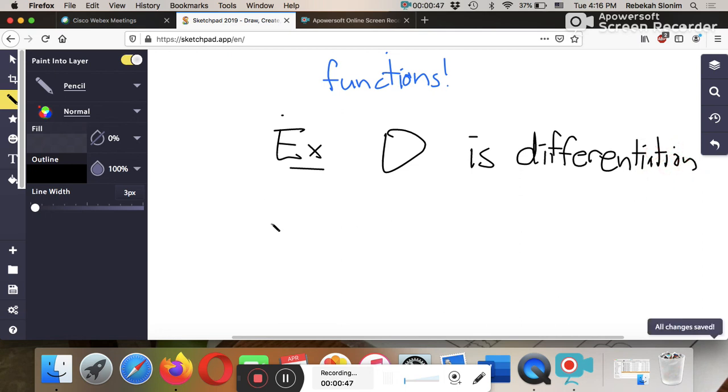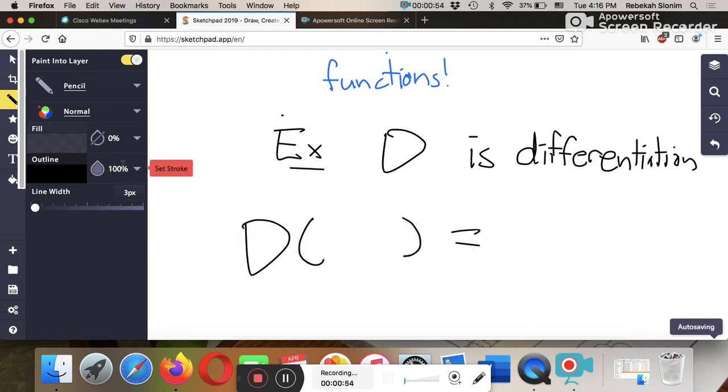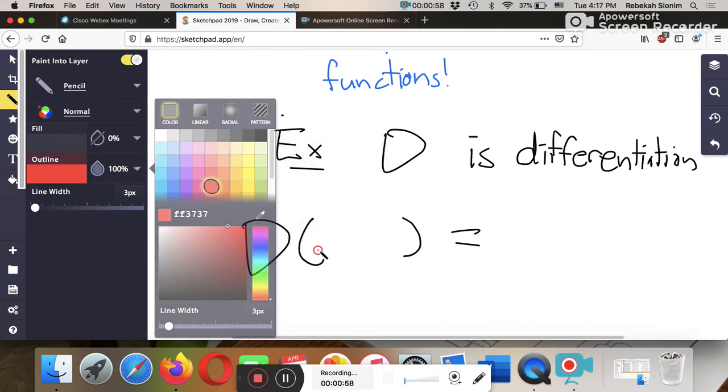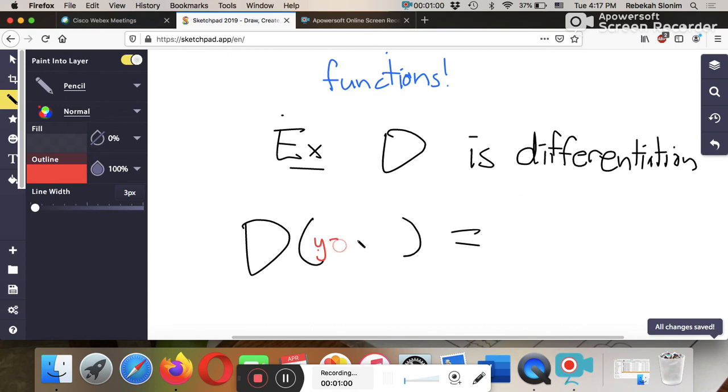Okay, so for example, I might have D of one function is going to be another function, and maybe my original function that's my input is the function y equals x squared, for example. And the output is going to be the function y equals 2x.